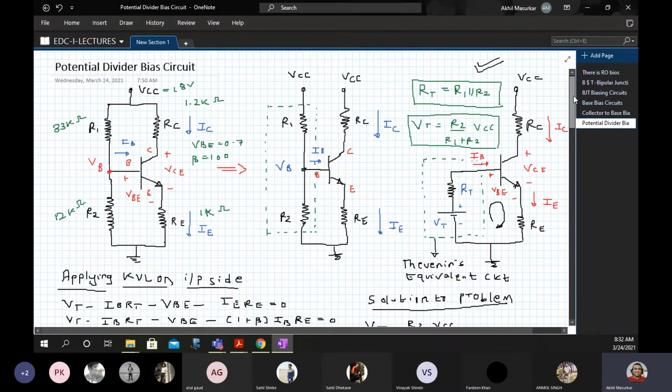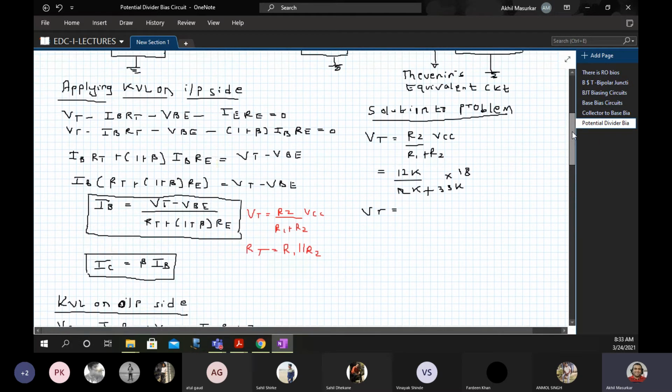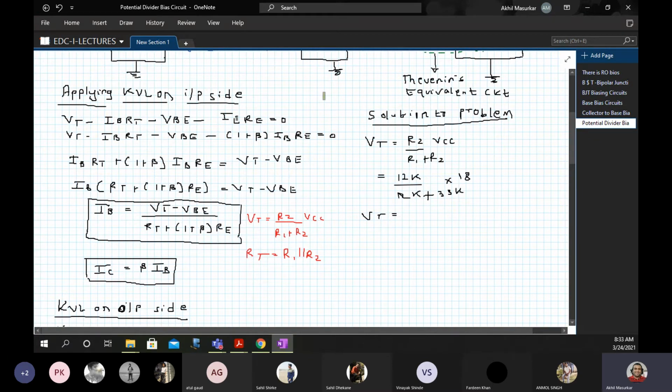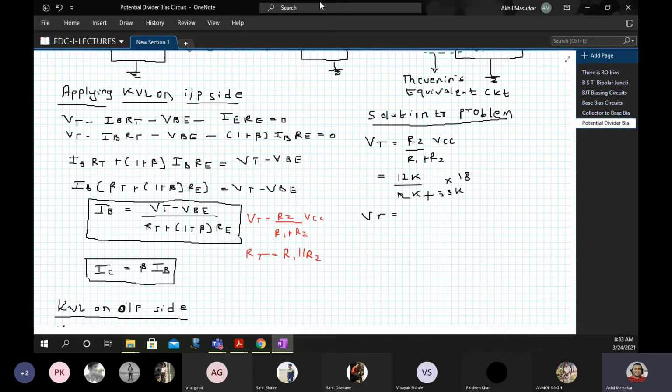From where did I get this formula here? This is the formula for RT and this is the formula for VT. Okay, so tell me the value of VT, that is 12 upon 45 into 18.